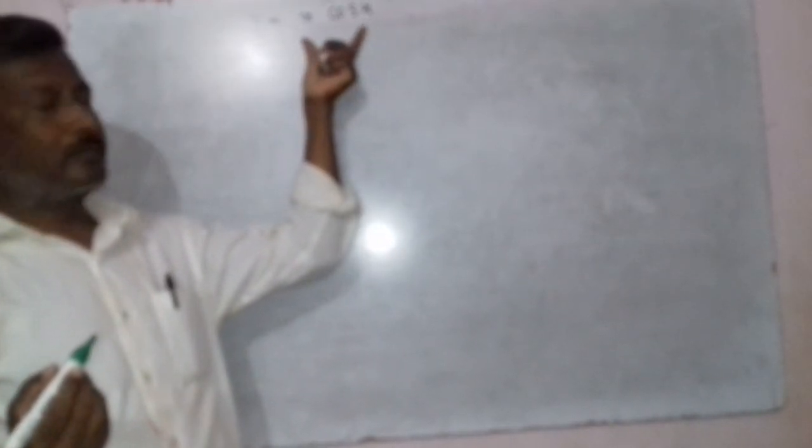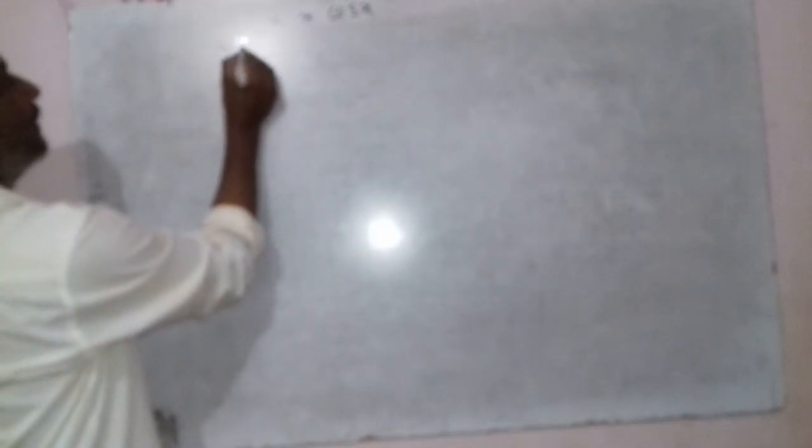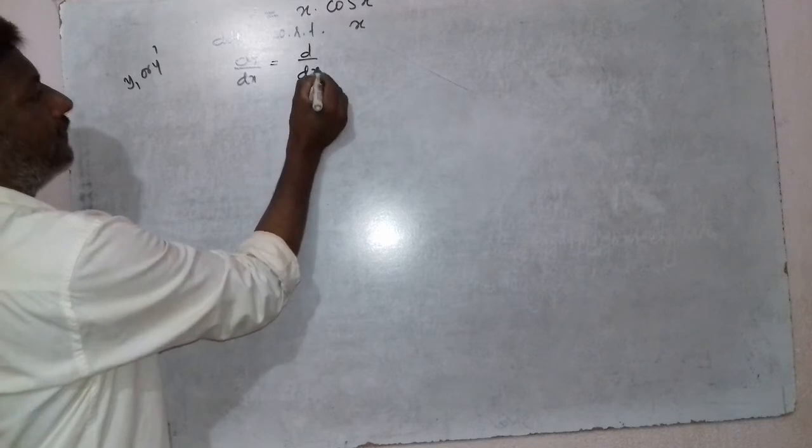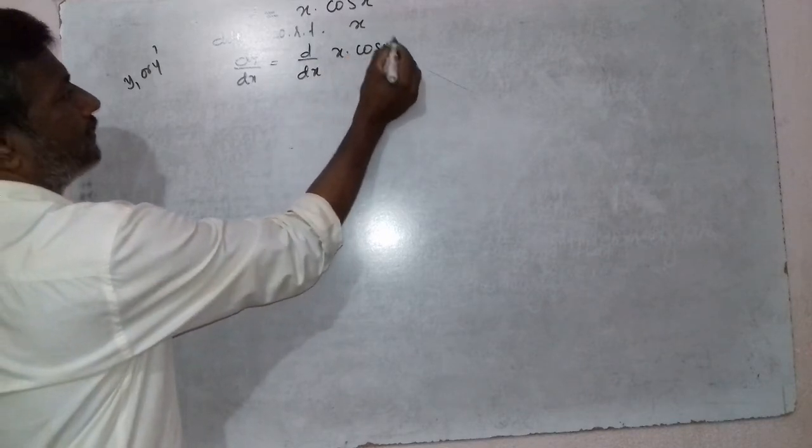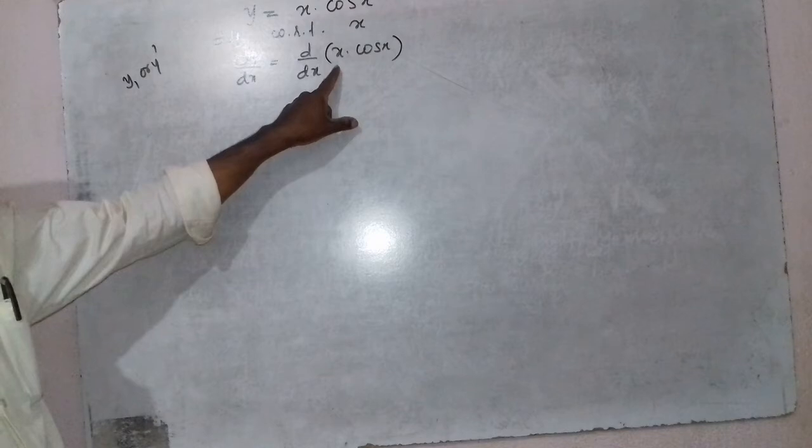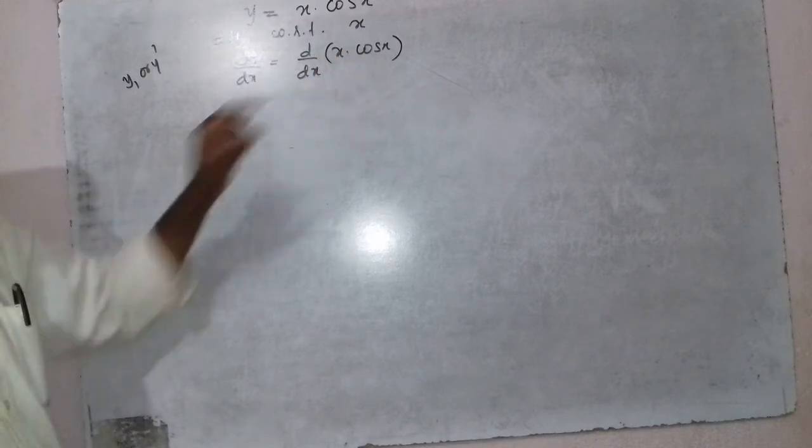Consider y equal to x cos x, a product. So product rule: differentiate with respect to x, dy by dx or y1 or y dash. So this equals d by dx of x into cos x, f x into g x. Apply the product rule.